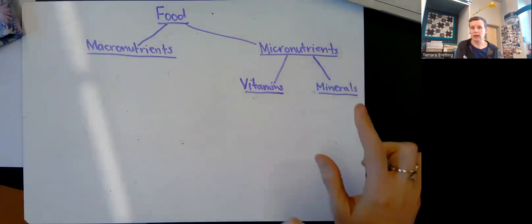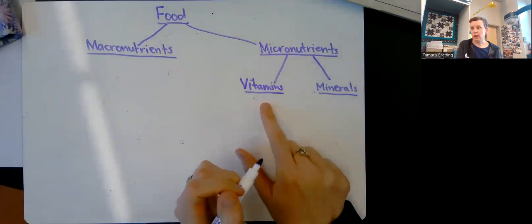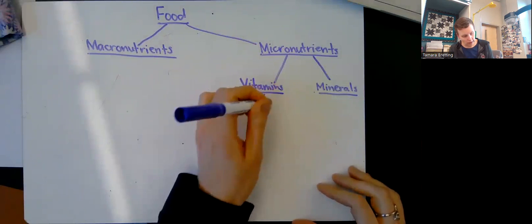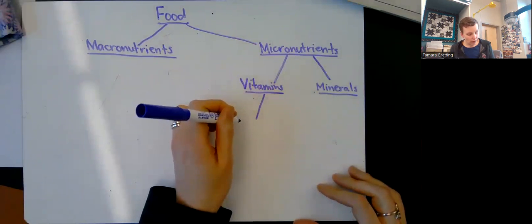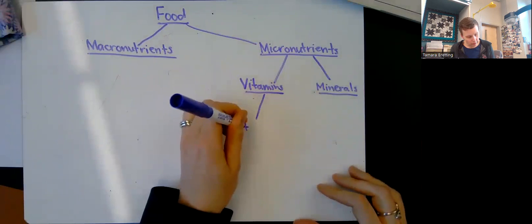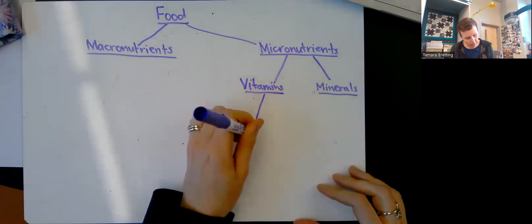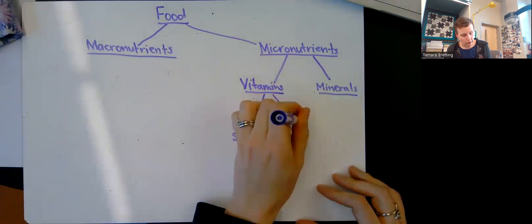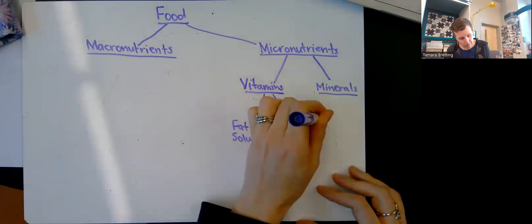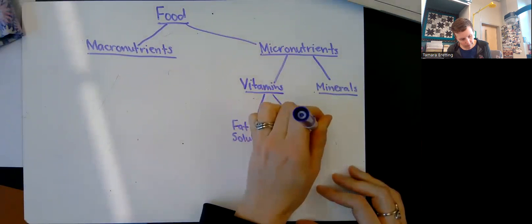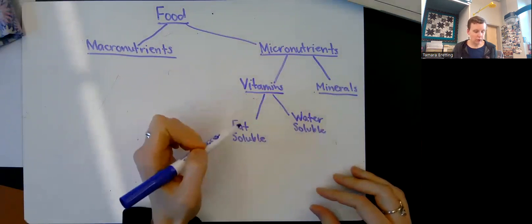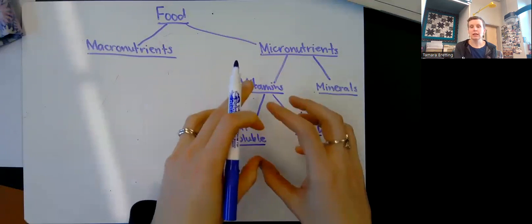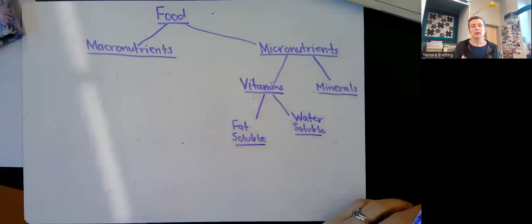So we will have notes on vitamins and minerals at a later point, but I also want to break apart vitamins into two categories as well. So the two categories for vitamins are fat soluble versus water soluble. So fat soluble vitamins, water soluble vitamins. And we again will take notes on vitamins and minerals 2 different times in the future.